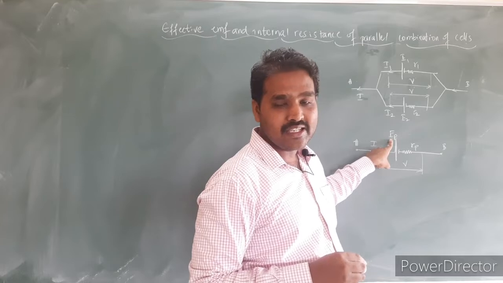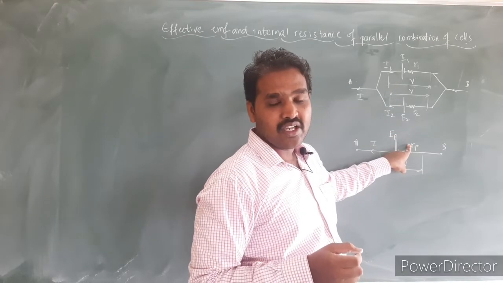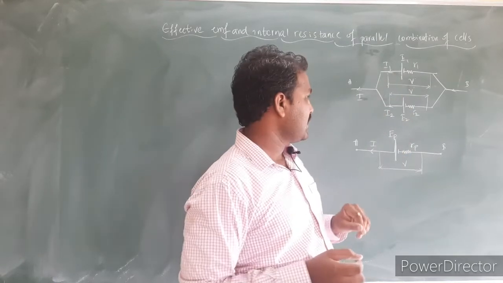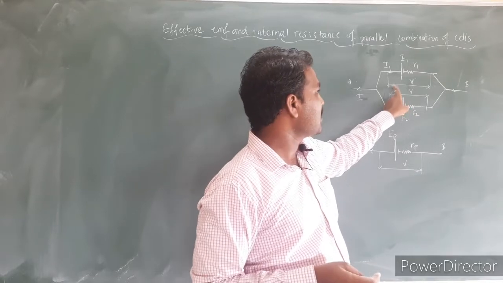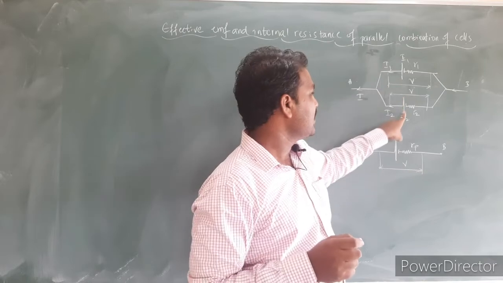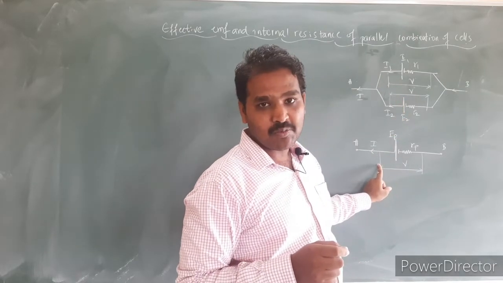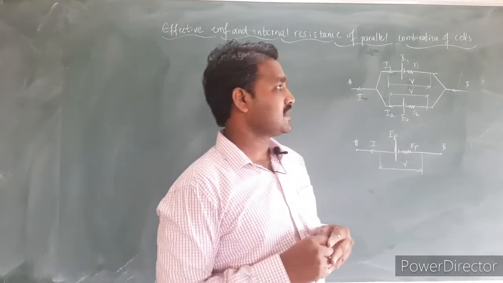Let EP be the effective EMF of this parallel combination and RP the effective internal resistance of the parallel combination. Since both the cells are connected in parallel, the terminal potential available will be the same. Here also the terminal potential will be V, which is also equal to the terminal potential of the parallel combination of both the cells.